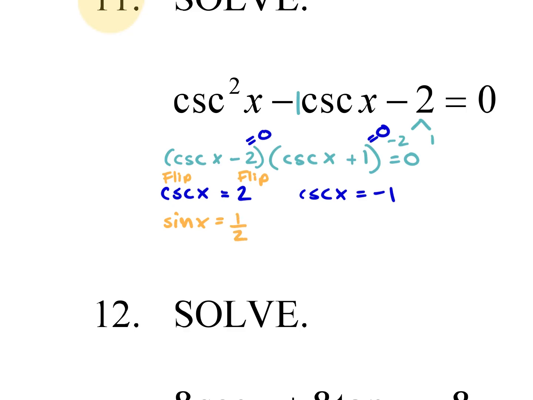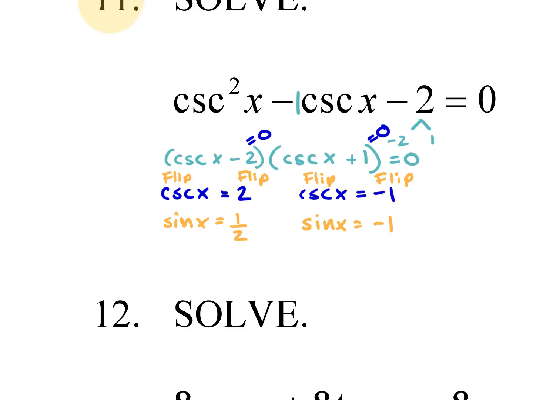So let's do the same thing with the other one. We're going to flip cosecant to be sine, but we also have to flip negative 1. What would negative 1 flip to? Same, negative 1, because it'd be negative 1 over 1 when we flip it. 1 over negative 1 is still just negative 1. So we're looking for where sine is 1/2 and where sine is negative 1.